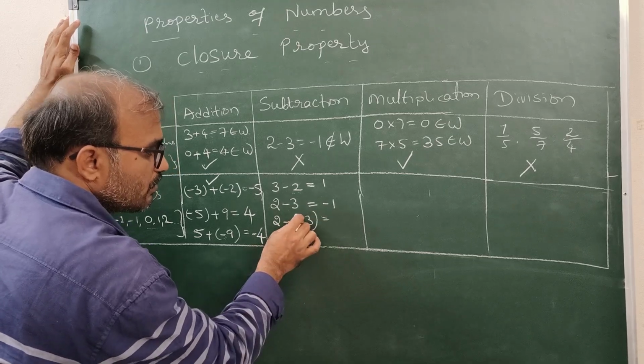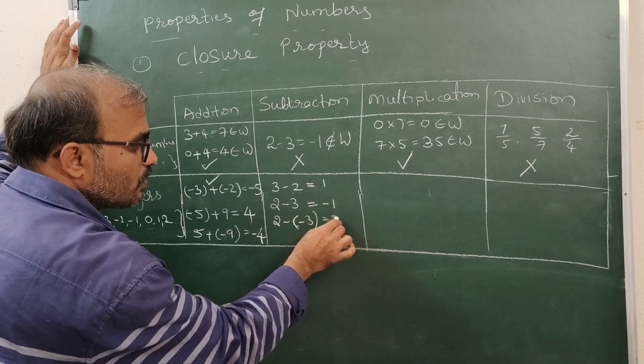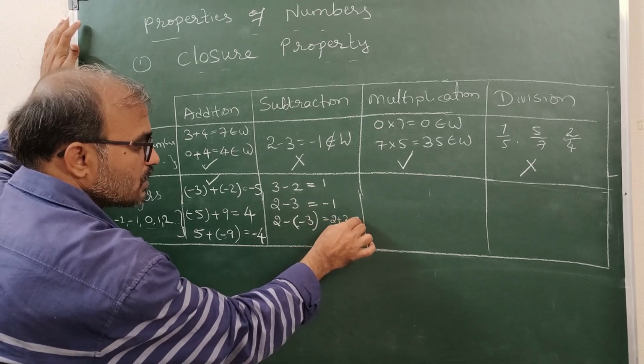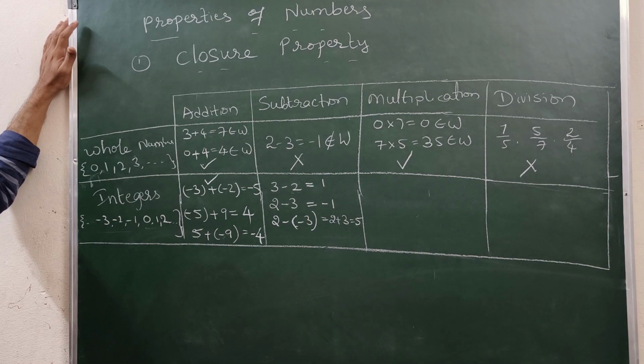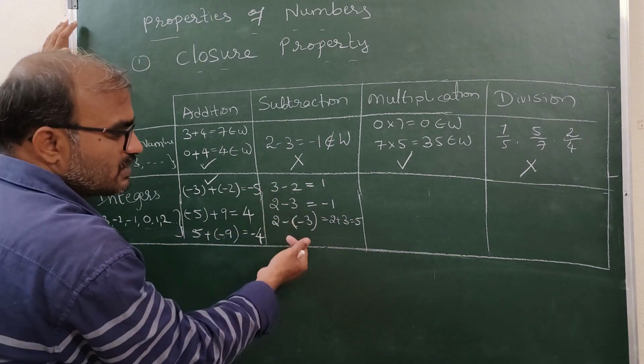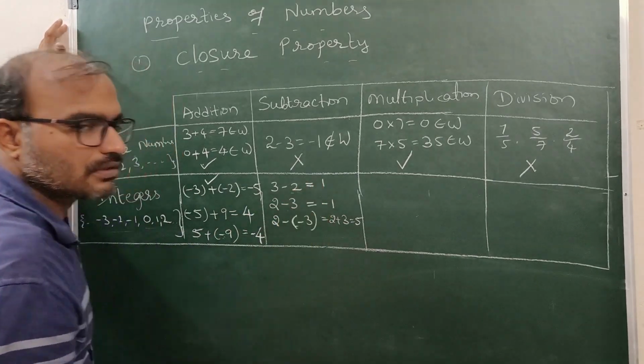Remember, minus of minus is plus. So it becomes 2 plus 3, which is equal to 5. 5 is again an integer. In this way, if you subtract any two integers, again you will get an integer.